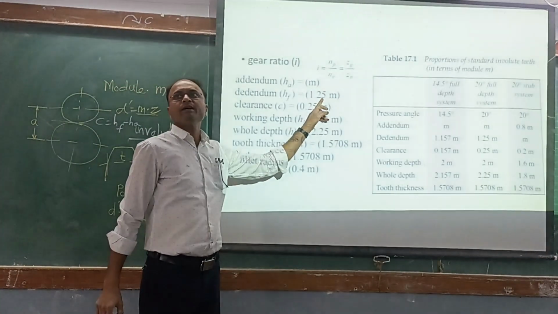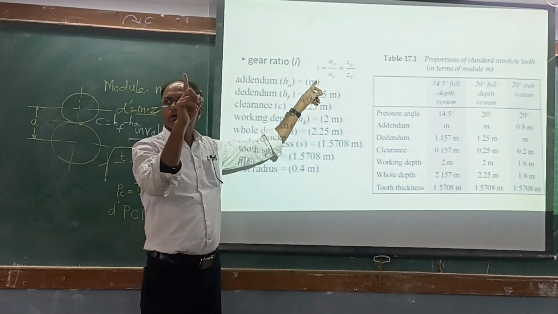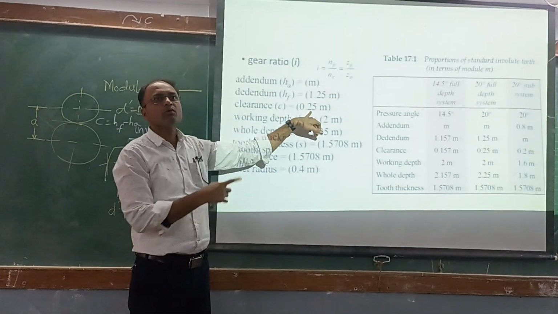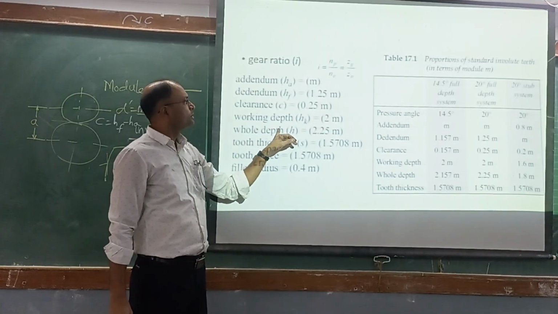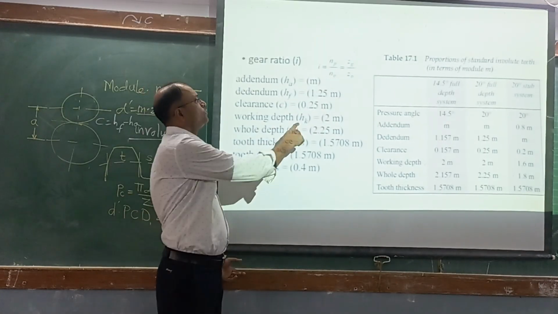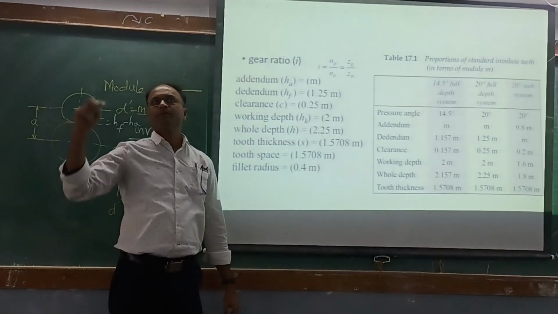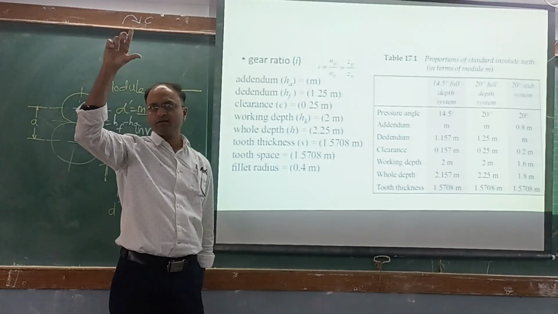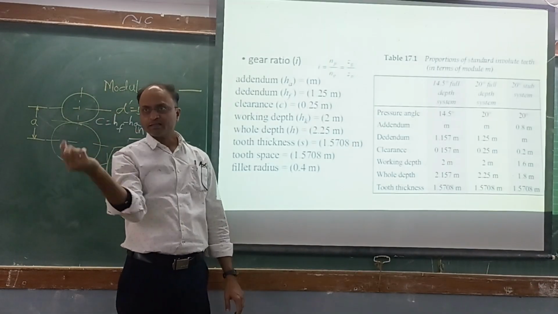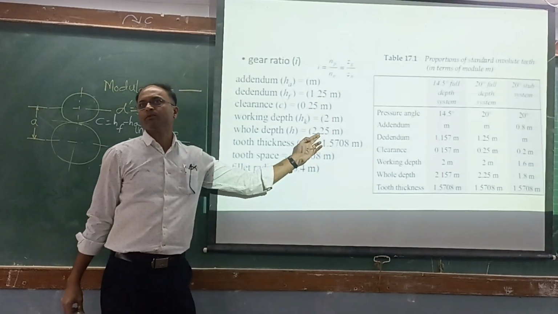HF 1.25 times module minus HA 1 module. Difference कितना हुआ? 0.25 times module is clearance. Working depth, whole depth. Working depth मतलब module plus module, that is HA plus HA. और उसके साथ क्लियरेंस ऐड हो गया तो that is whole depth, 2.25 times module.